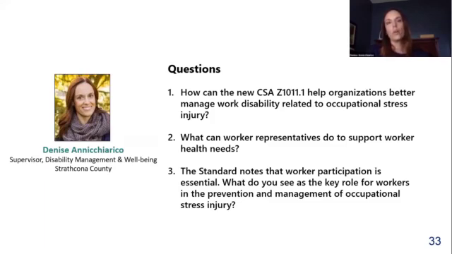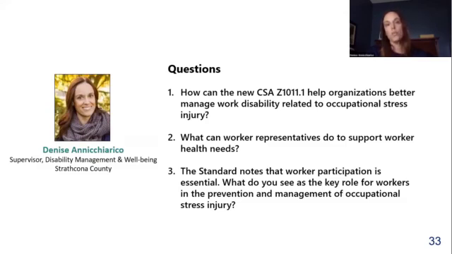I think if we interpret worker representatives to include formal reps, such as those, but also more informal advocates, such as peer support team members, health and safety committee members, health and wellness committee members. It's important that worker representatives assist organizations with promoting awareness of the programs and resources that are available to support worker health needs. And that could include any changes or updates that were made to those programs, reminders about how to access.